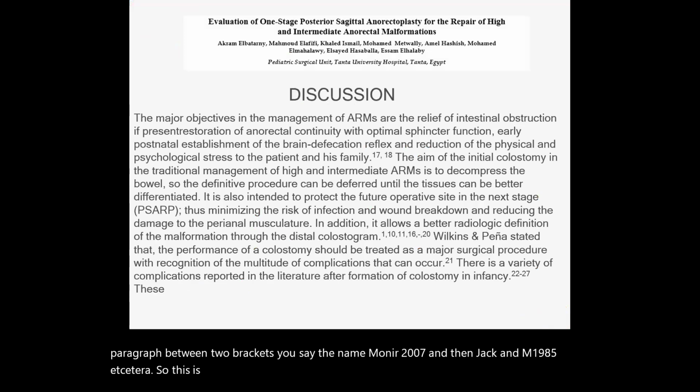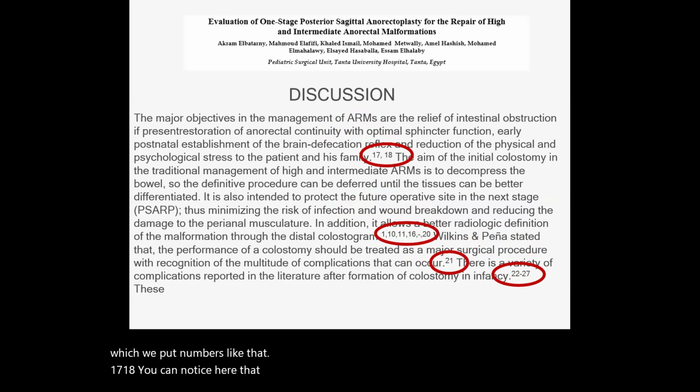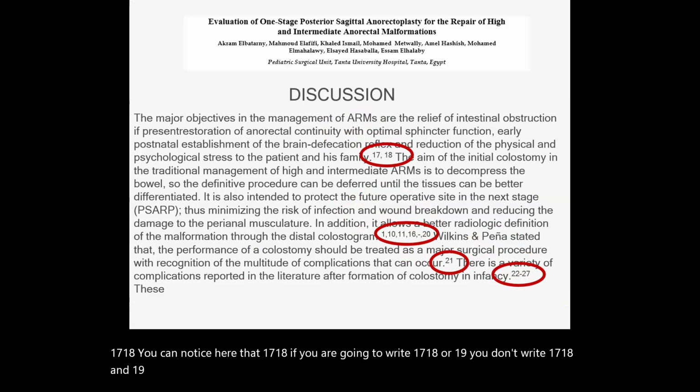We have, again, the Vancouver method, in which we put numbers like 17, 18. If you are going to write 17, 18, and 19, you don't write 17, 18, and 19. You write 17 dash 19, okay? But here they are different.